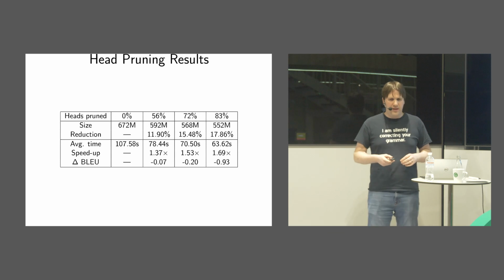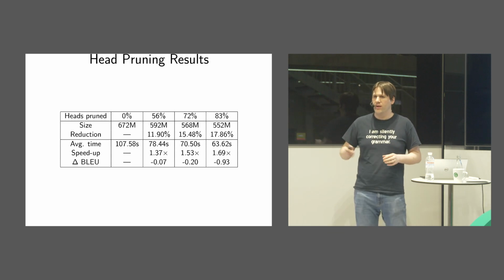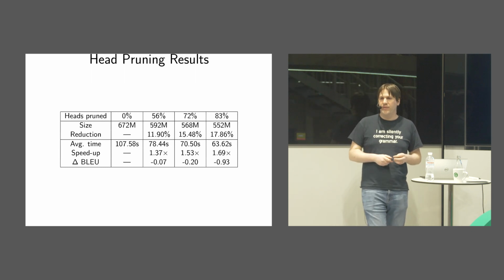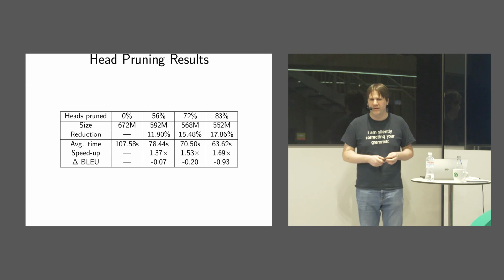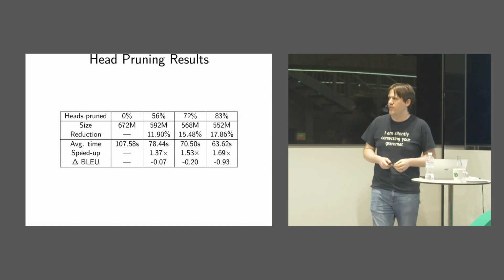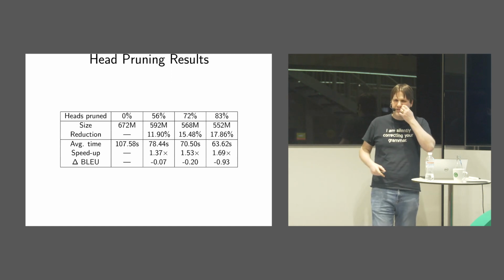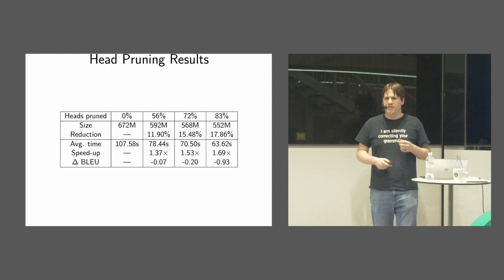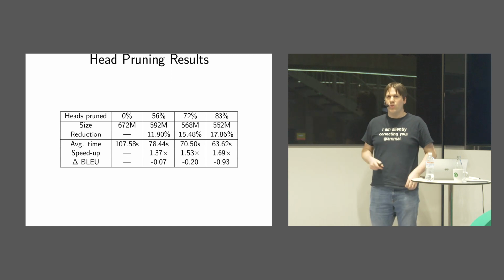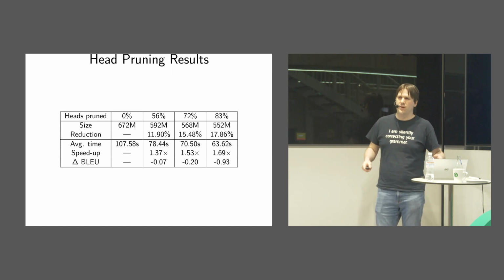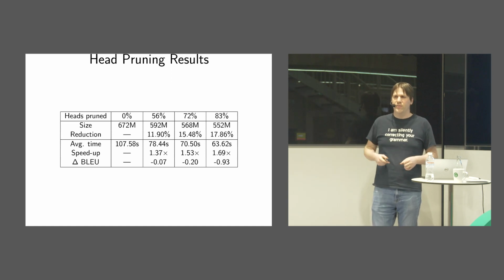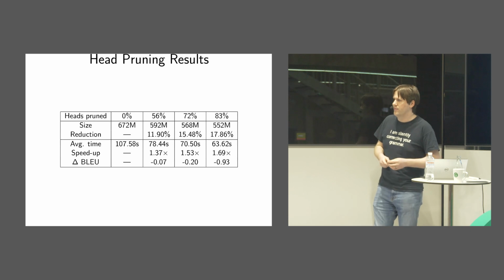We did that, and this is a preliminary result where in this table I'm showing at the top line how many of the heads we pruned from the model, starting with 0 as the baseline, and then 55%, 72%, 83%. And this 83% is right around where it starts causing a lot of damage to the model, that minus 0.93 BLEU. We ran it over a few test sets and recorded how much we were losing relative to the baseline. So the reason you see a dash in the leftmost column is that's what we're measuring relative to.